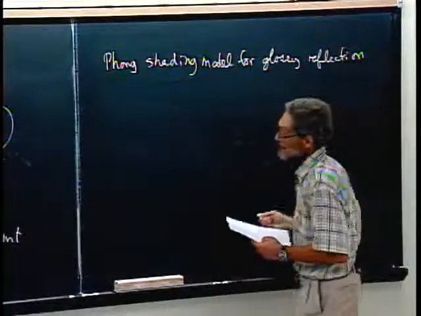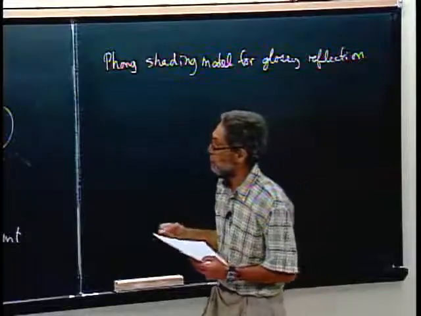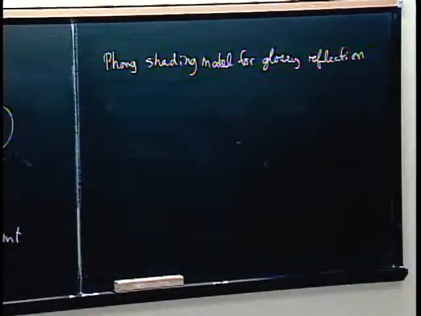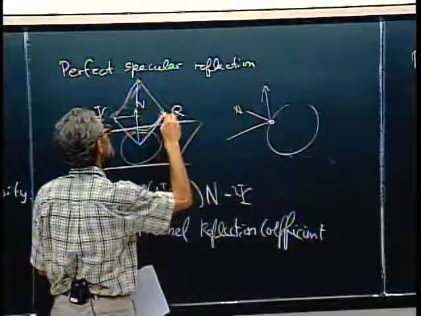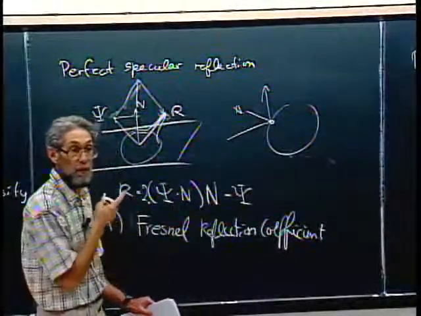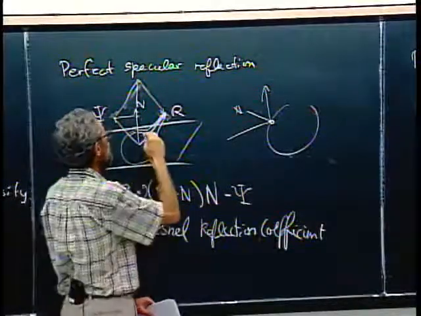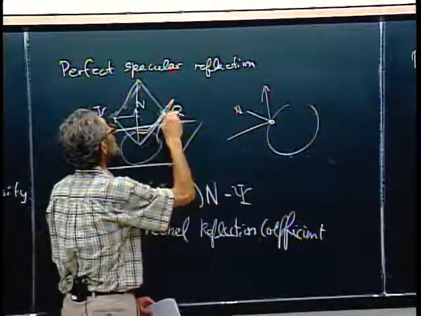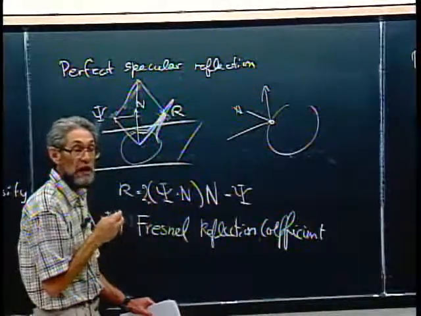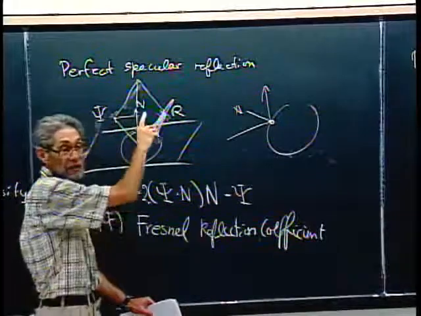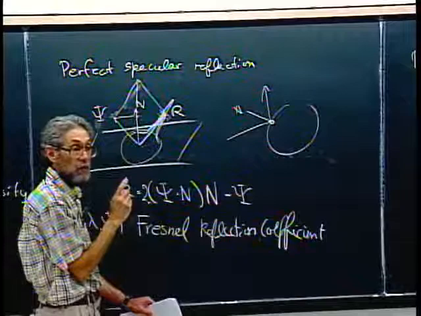And the idea there is it won't reflect only in the mirror direction, but if you sort of plot the distribution function as, say, heights above this unit sphere, it'll be very peaked near the perfect mirror direction. So it can be sort of an approximation. The shinier it is, the narrower and steeper the peak will be. So he wanted to invent a function that had a sort of peak in this specific reflected direction.